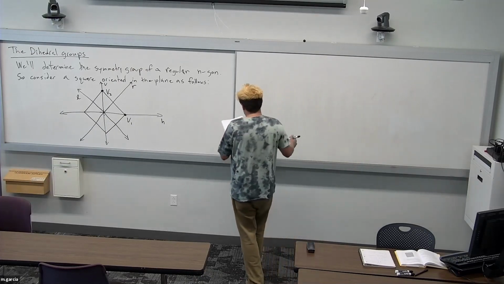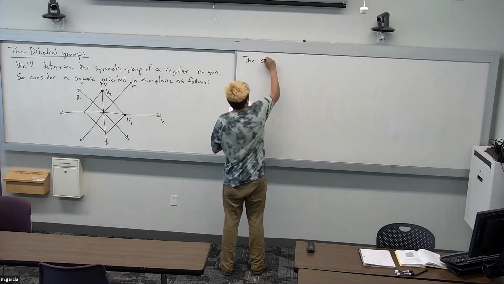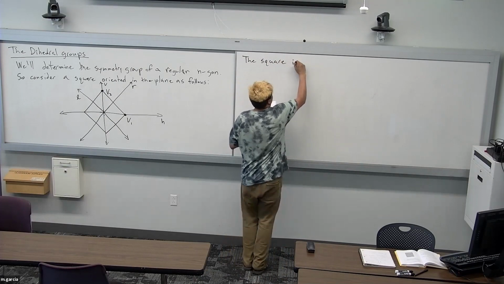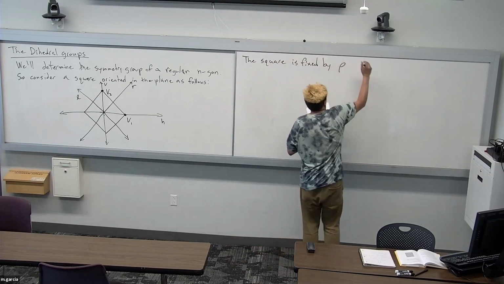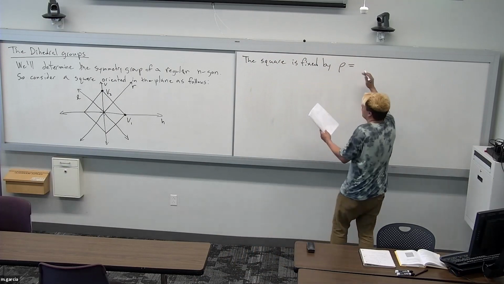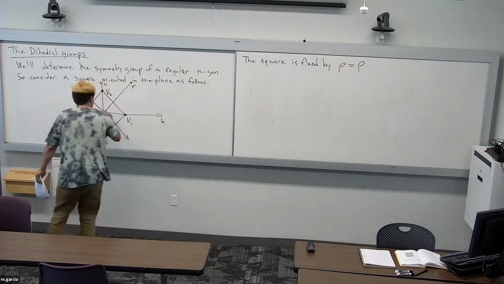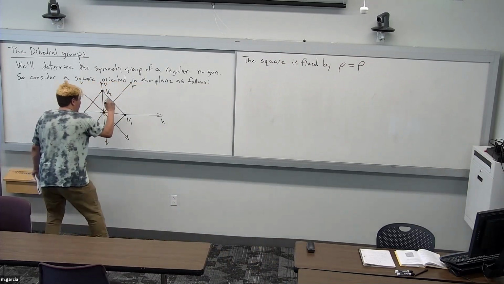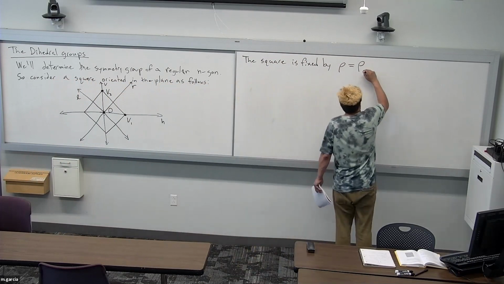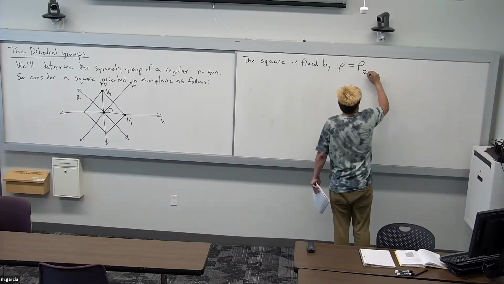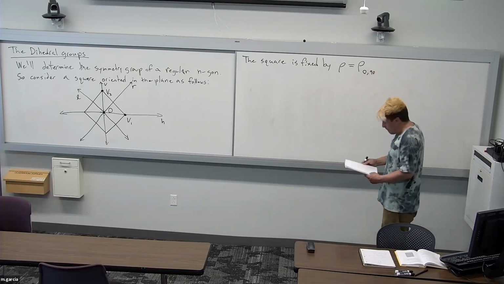Okay? So let's say the square is fixed by, for shorthand, we'll write rho, but what I mean is, of course, here is our origin, O. We'll write shorthand rho for the rotation centered at the origin by 90 degrees.